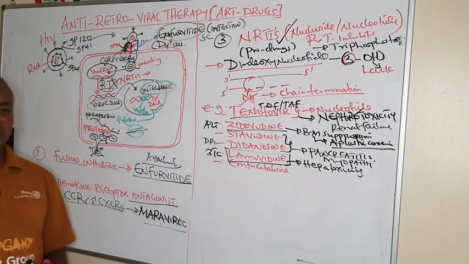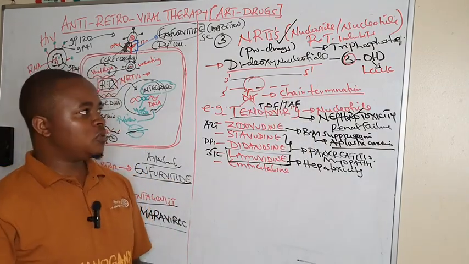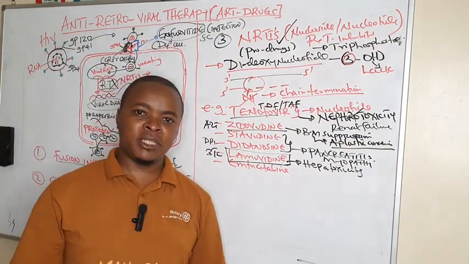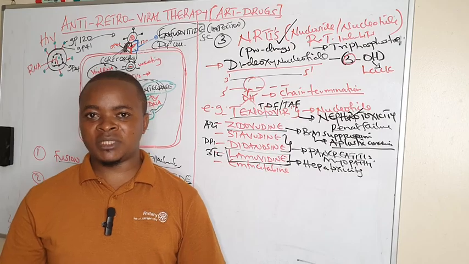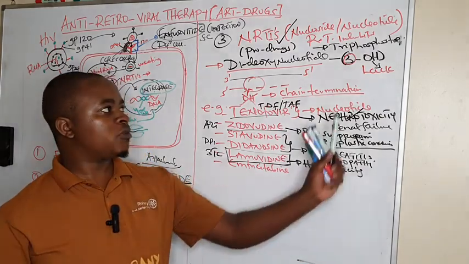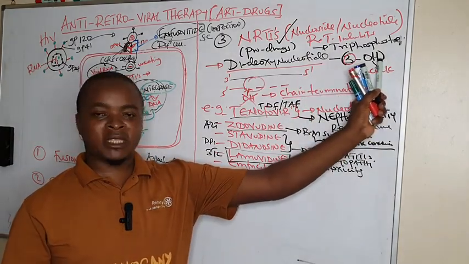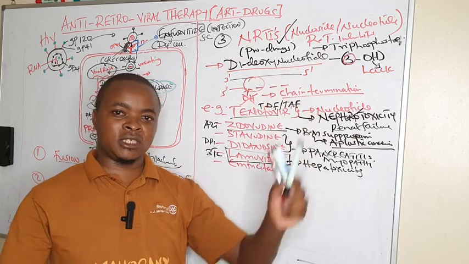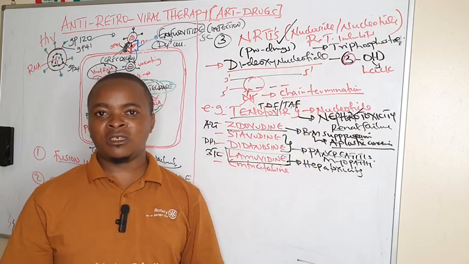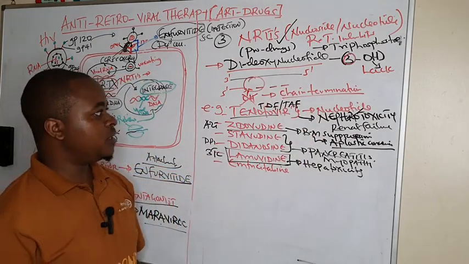nucleotide reverse transcriptase inhibitors, which we have seen inhibit competitively the reverse transcriptase enzyme by incorporating a dideoxynucleotide which lacks the hydroxyl group at carbon number 3, causing premature chain termination during DNA replication.